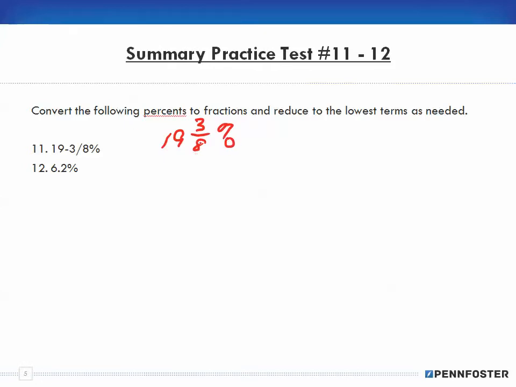So the first thing I need to do is convert this mixed fraction into an improper fraction. So I take 19 times 8, that's 152, plus 3 gives me 153 eighths. I'm sorry, 155 eighths.